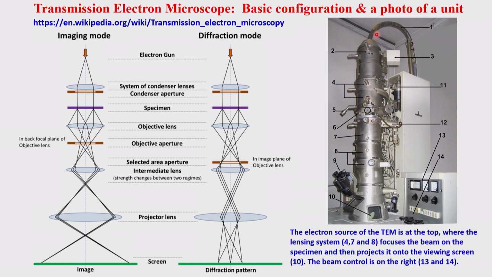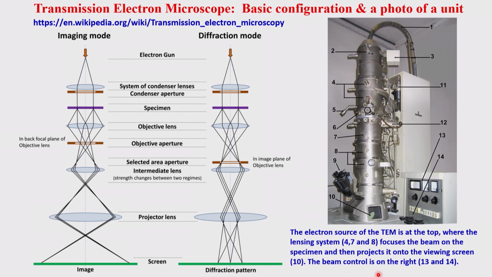So this is actually placed here, and this arrow is the electron gun. The electron is coming over here, and then you have the 4th position here, the 7th position here, and the 8th position here. These are all where the lens systems are, and you have a lot of knobs here.